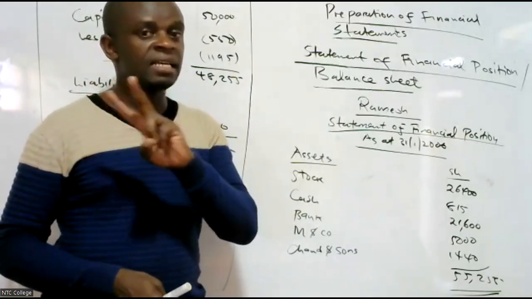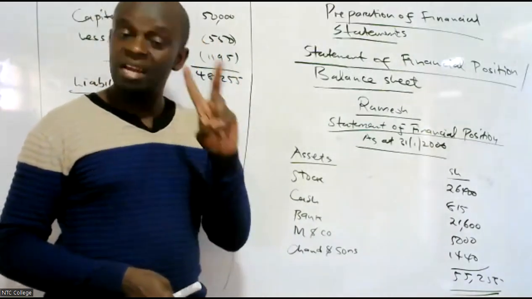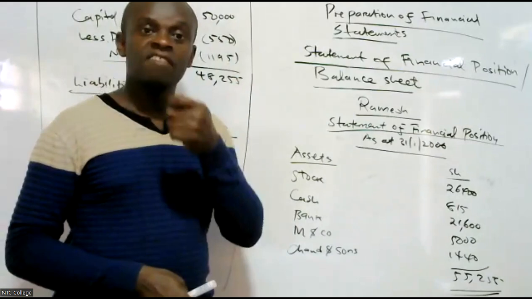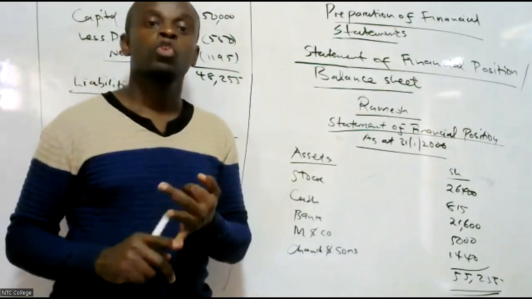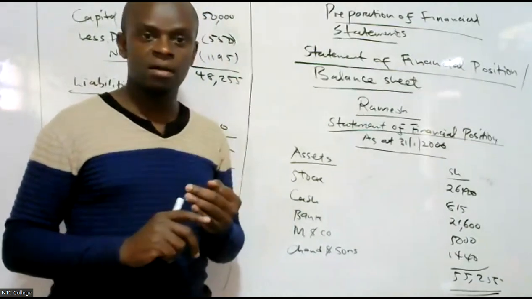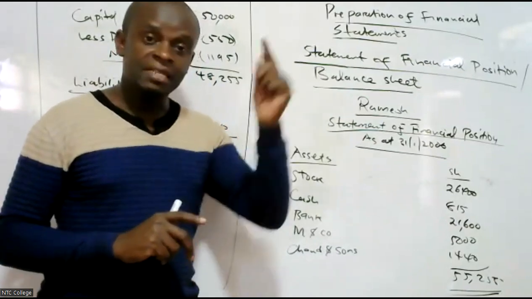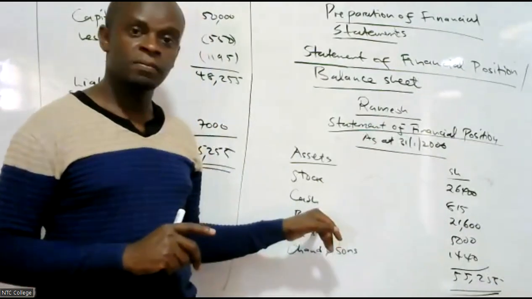Money can be held in two ways. You can have money in cash, or you can have money lying in the bank. So cash at bank is an asset.